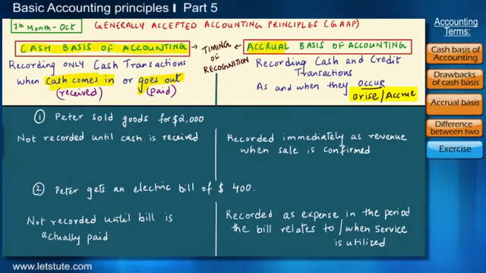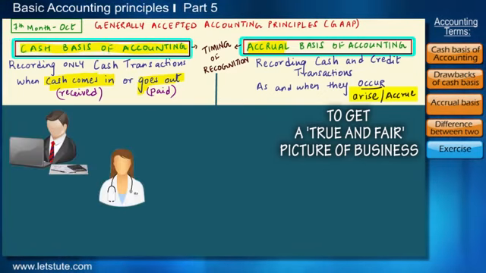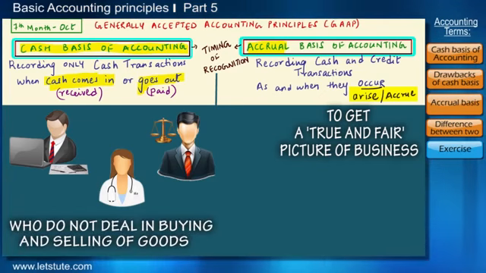So most businesses use this accrual system of accounting to get a true and fair picture of their business. However, some countries have laws which allow to keep their records on cash basis for certain types of businesses, specifically for professionals like CAs, doctors, lawyers who do not deal in buying and selling of goods.